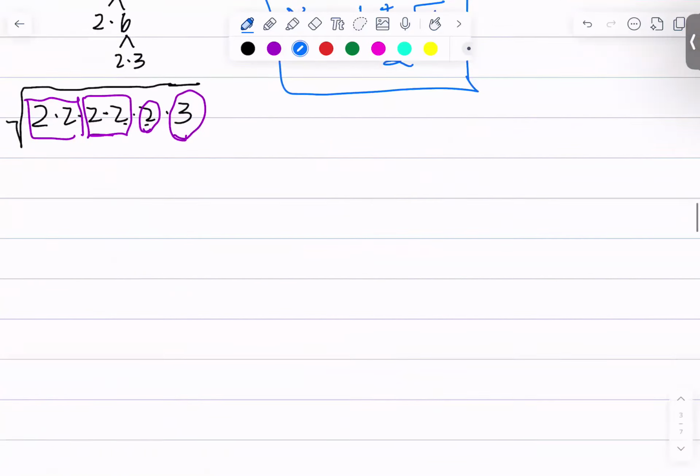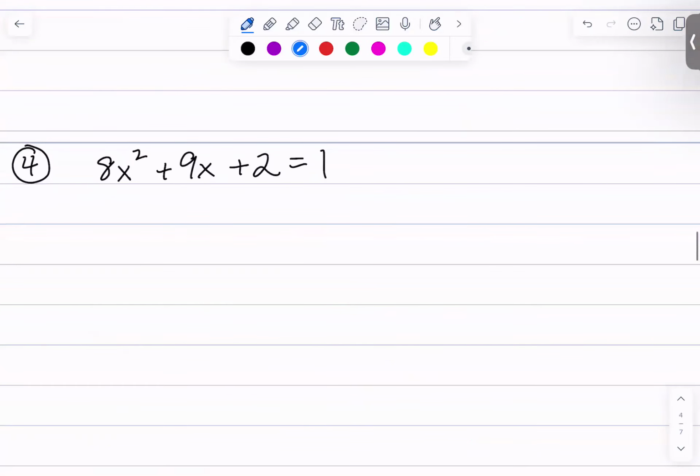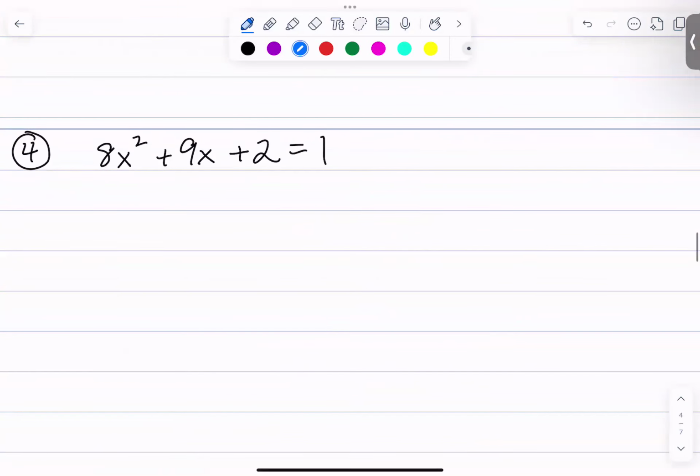All right. Now going to my next one here. I'm going to make one side equal to 0. So subtract 1, subtract 1. And we have 8x squared plus 9x plus 1 equals 0.